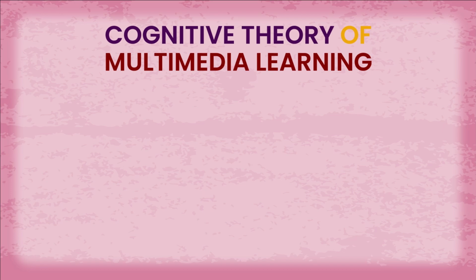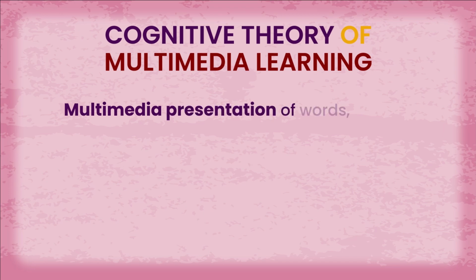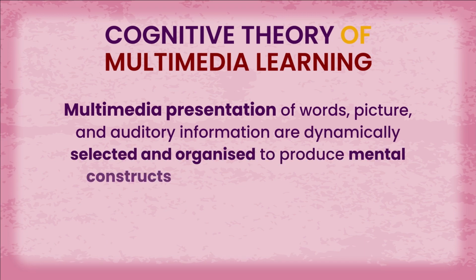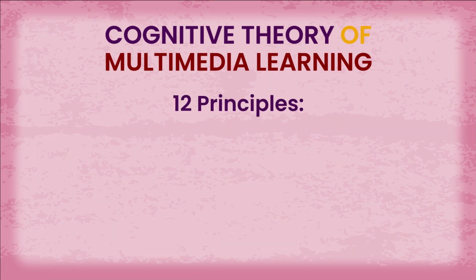CTML proposes that multimedia presentations of words, pictures, and auditory information are dynamically selected and organized to produce mental constructs that are easily understood. There are 12 principles of CTML to be implemented on our multimedia.